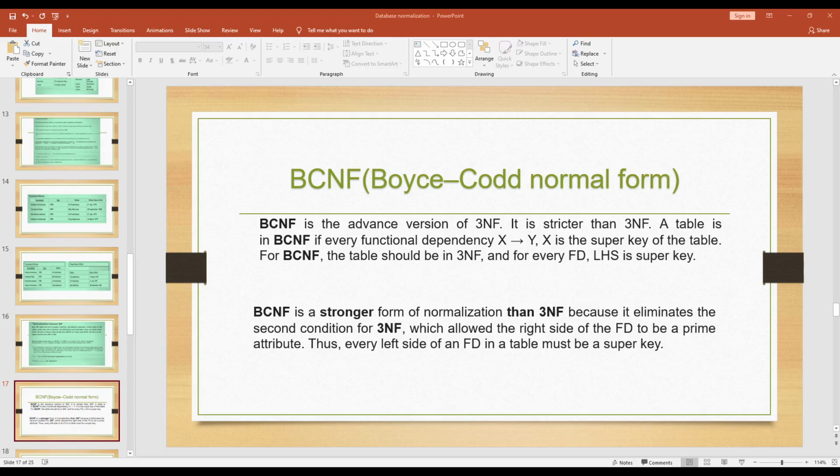Boyce-Codd normal form is a normal form used in database normalization. It is a slightly stronger version of the third normal form. BCNF was developed in 1974 by Raymond F. Boyce and Edgar F. Codd to address certain types of anomalies not dealt with by third normal form as originally defined.